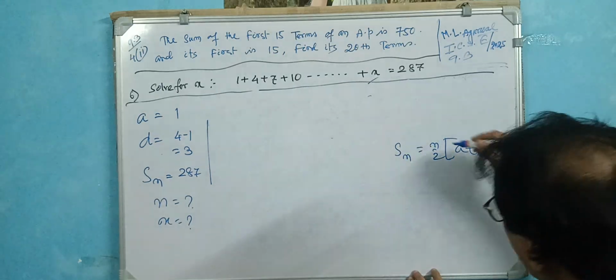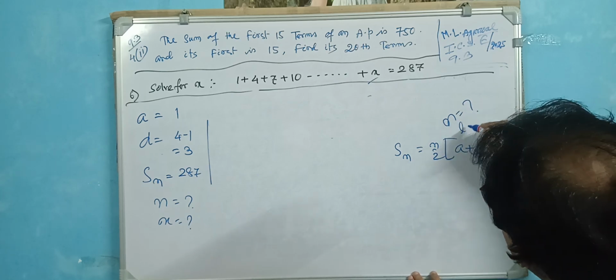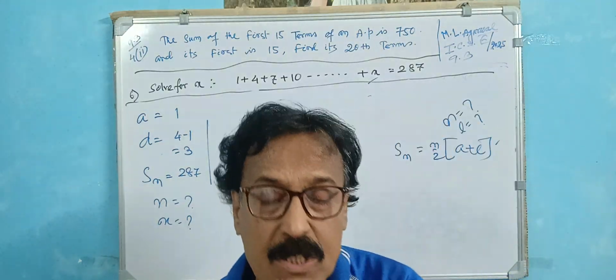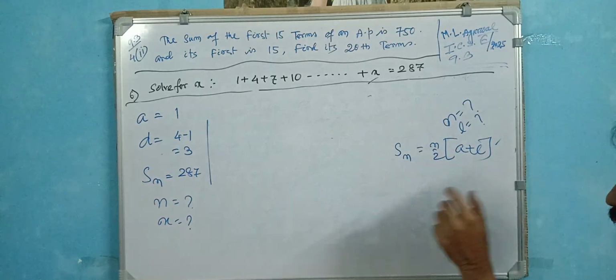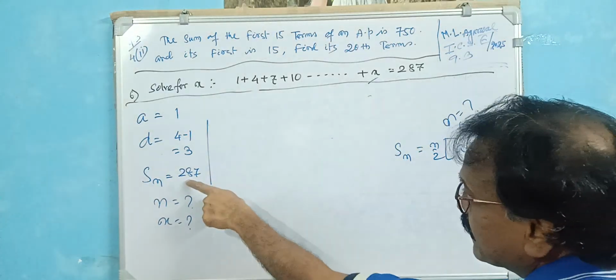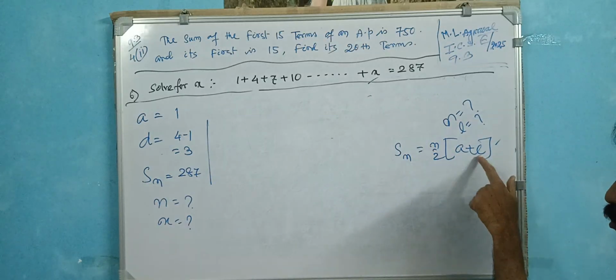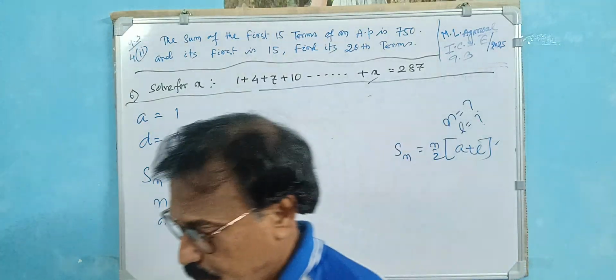But you don't know n. So there are two unknowns. You cannot solve two unknowns in one equation. n is unknown, l is unknown. You know Sn and you know a, but you don't know n and l. So for that reason, you cannot use this formula.